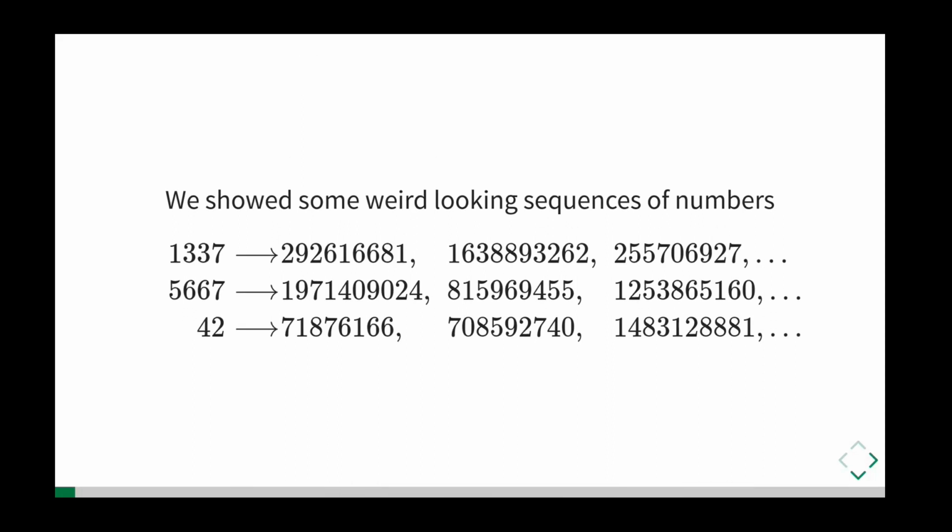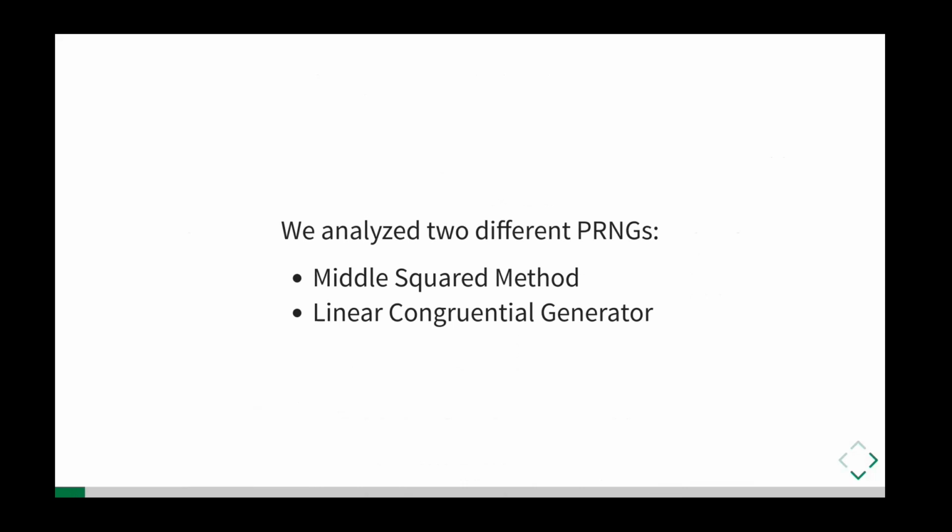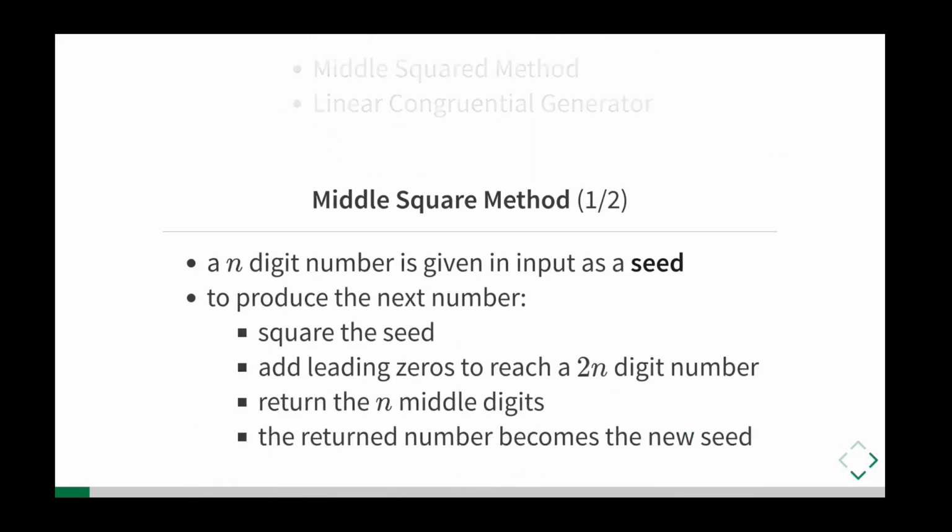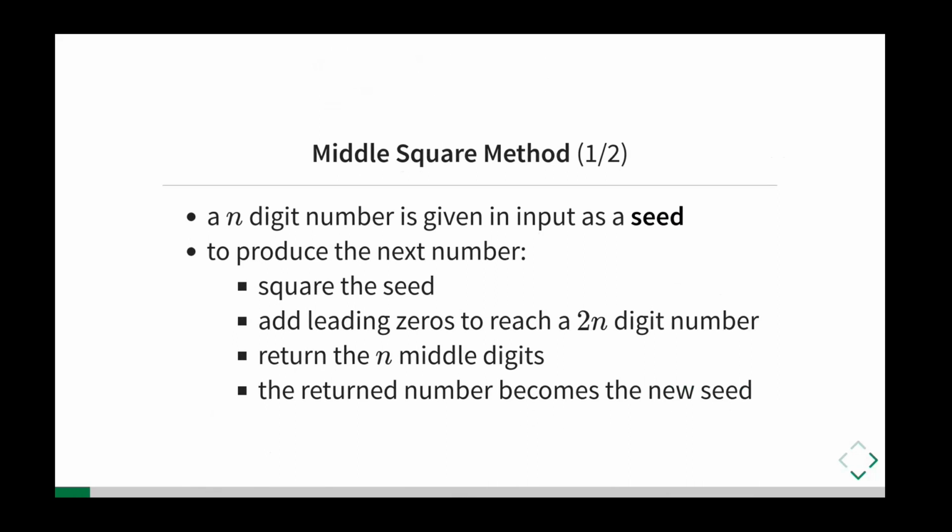And the idea was always, you start with a seed, which is a number, and from that seed, you keep generating other numbers. We analyzed two different generators, one simple one, which is the middle square method, and a more mathematical one, which is the linear congruential generator. The middle square method works by squaring the seed and taking the n middle digits.